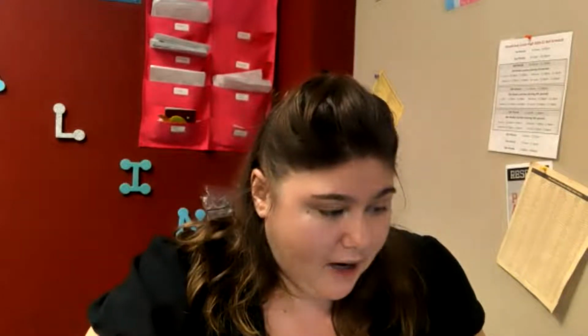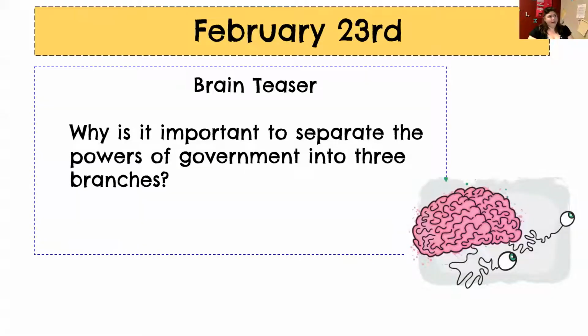Okay, so now that we have that, I'm going to put my share back up for you to see our brain teaser. Our brain teaser is, why is it important to separate the powers of government into 3 branches? In class today on the 23rd, we talked about the separation of powers with the 3 branches, the legislative branch, the judicial branch, and the executive branch.